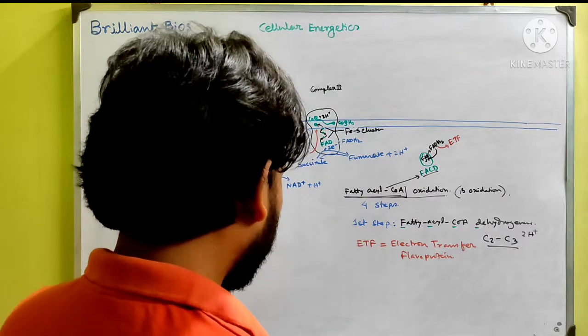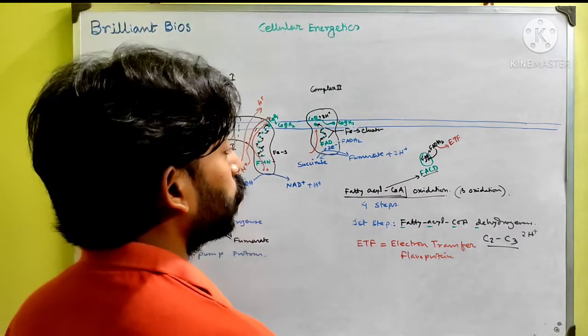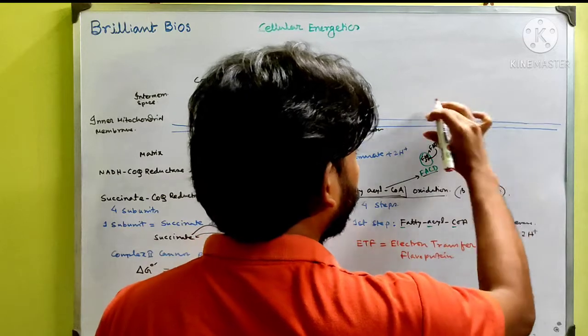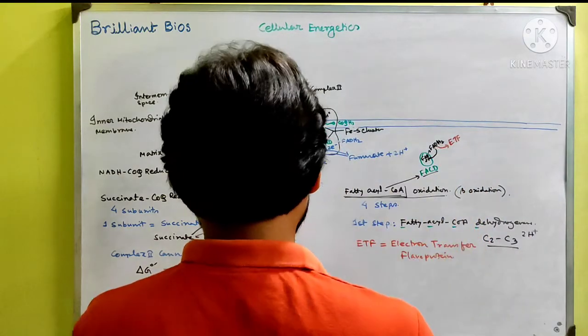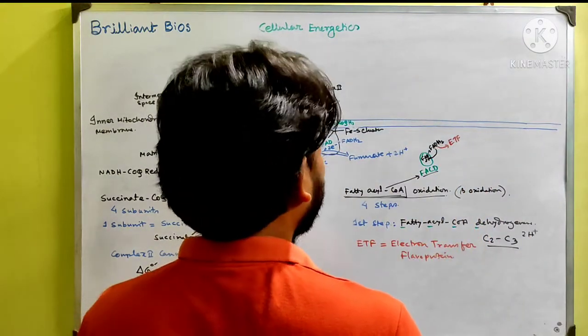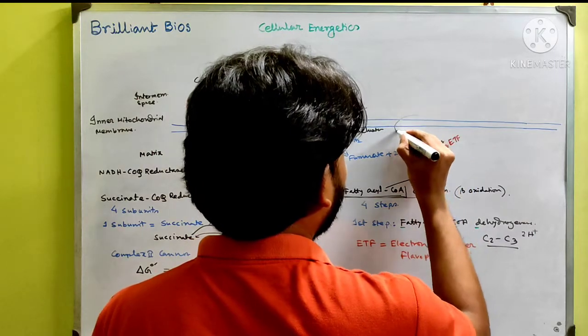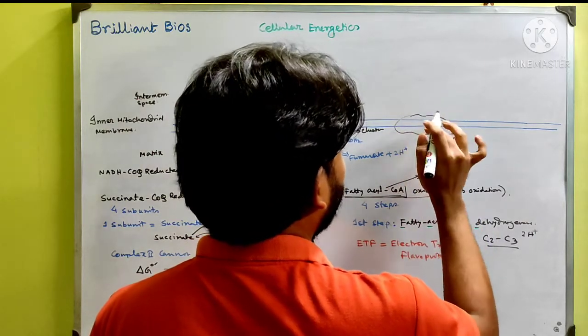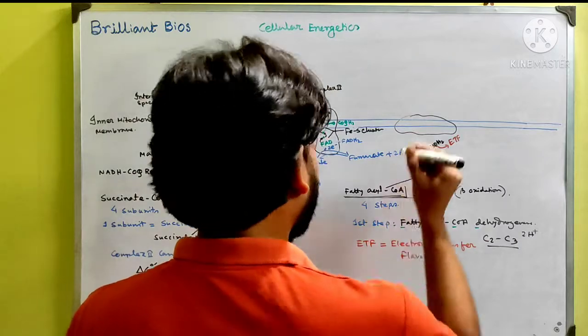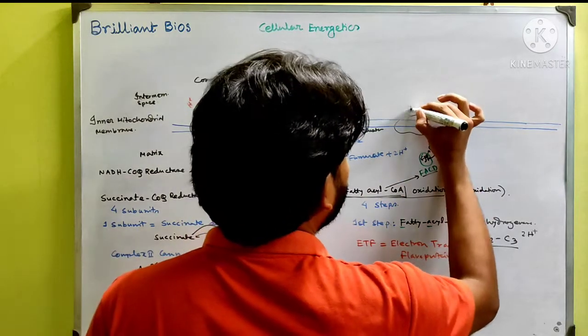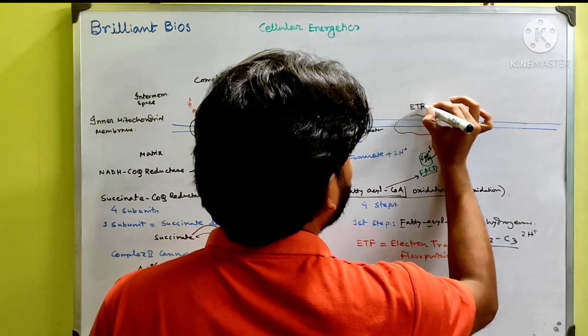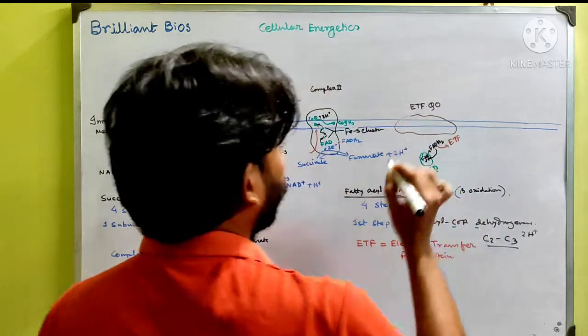Okay, now this ETF can reach the inner membrane of the mitochondria, because here is a protein that helps in this pathway. Let's suppose this is the protein, it is called ETF QO. You have to understand this.